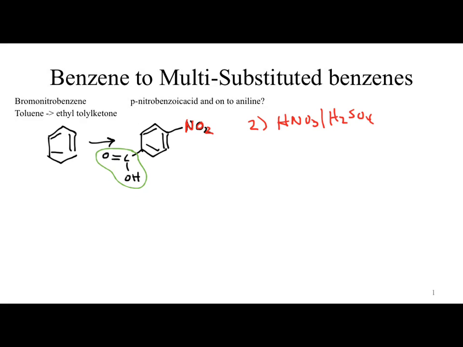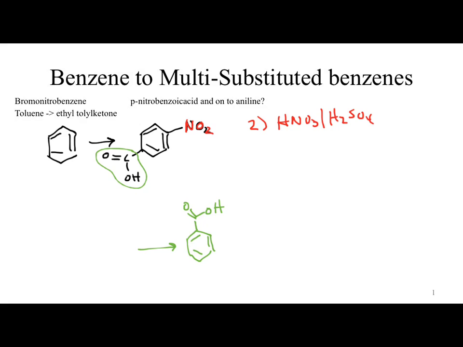So to get our carboxylic acid on the ring, what did we have to do? We had to react with chromic acid. What did we react with chromic acid?